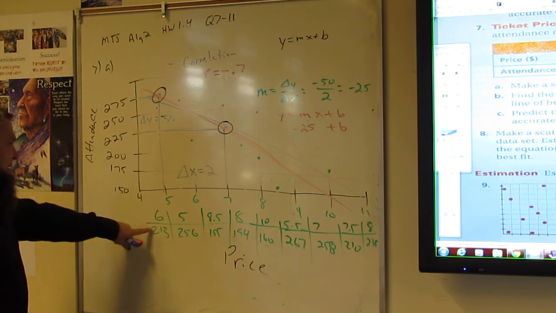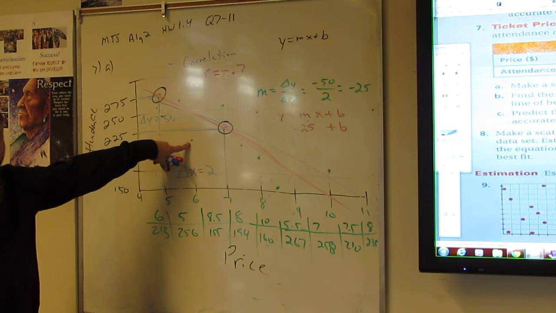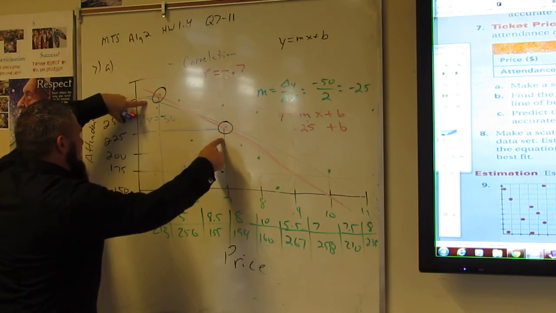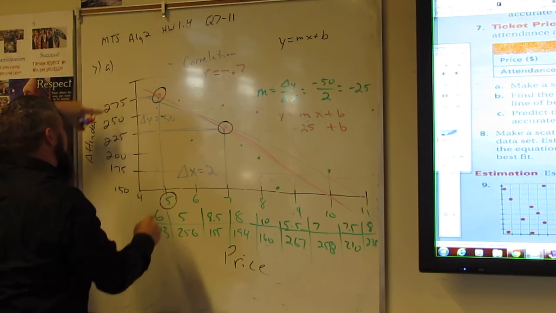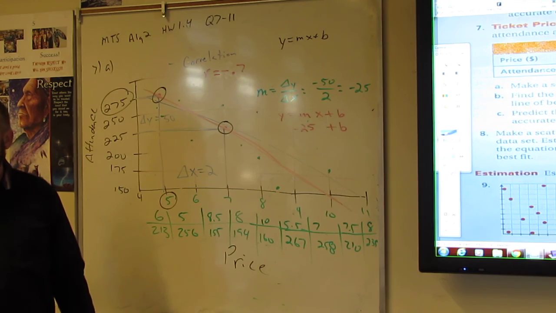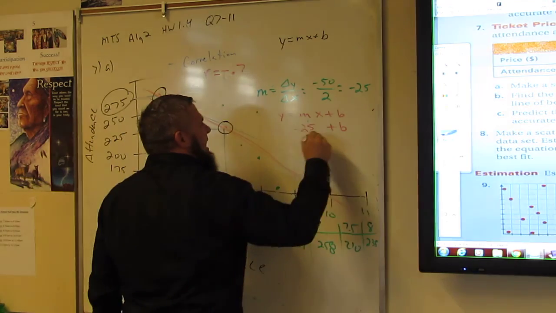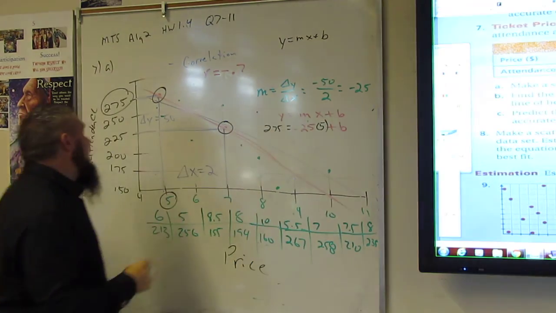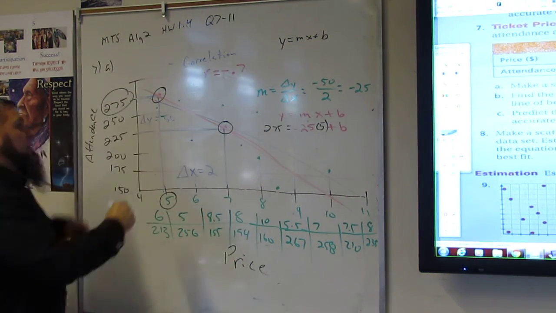I can't just put in this, because that's way down here. That's not even on the line. The point is getting a point on the line. So which point do I want to use? I want to use 5 and 275. Because 5 is the lowest number, yeah? So I plug in 5 for my x and 275 for my y.